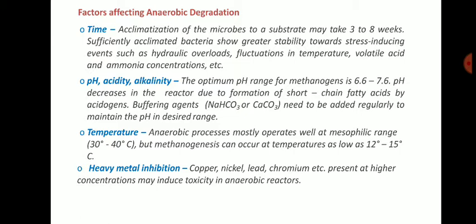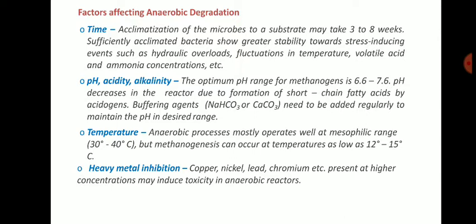Second point is pH, acidity and alkalinity. The optimum pH range for methanogenesis is 6.6 to 7.6. However, because of the formation of amino acids and fatty acids during the acetogenesis process, there will be a drop in the pH of the wastewater.